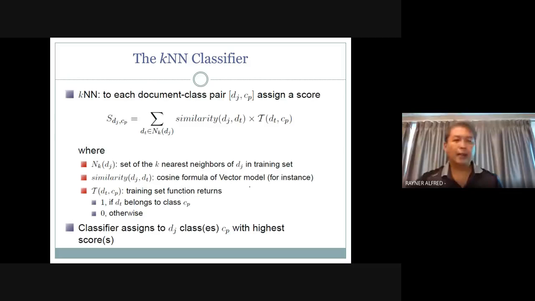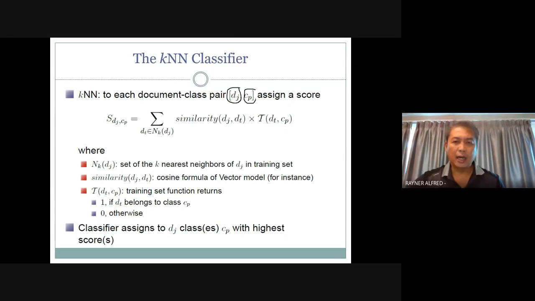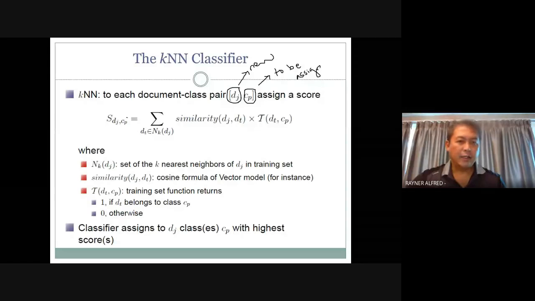Okay, so the mathematical formula for the kNN. We have to pair the document with the class. So this is your new document, and this is the class to be assigned, given the new document.